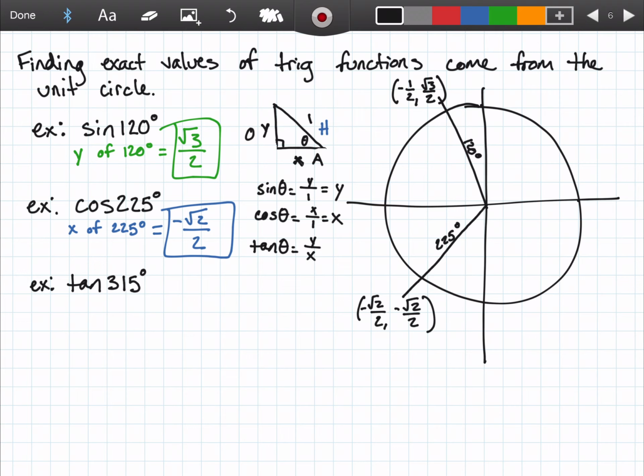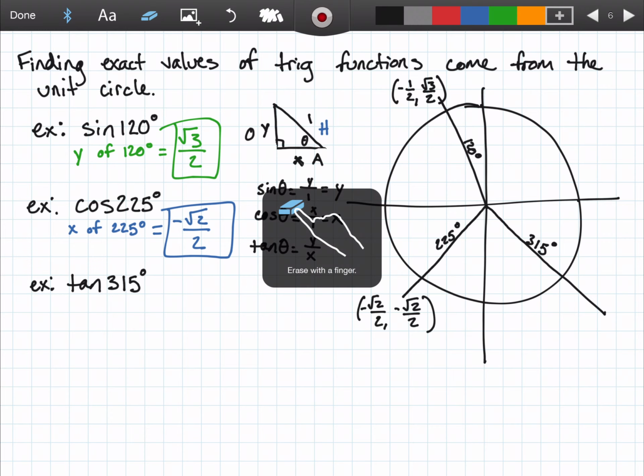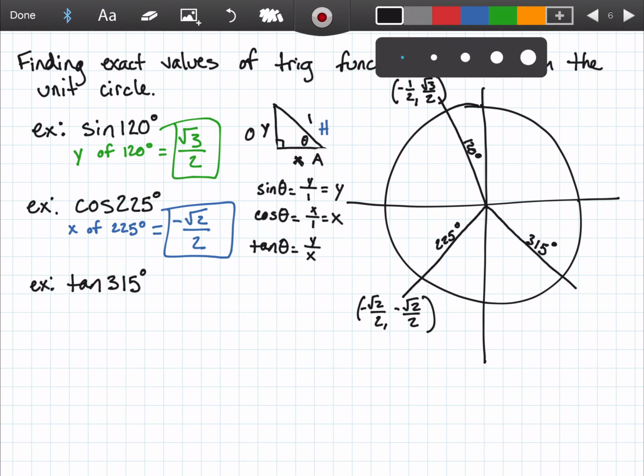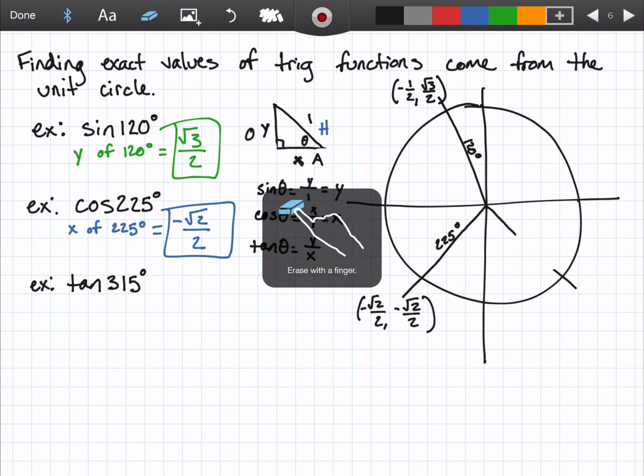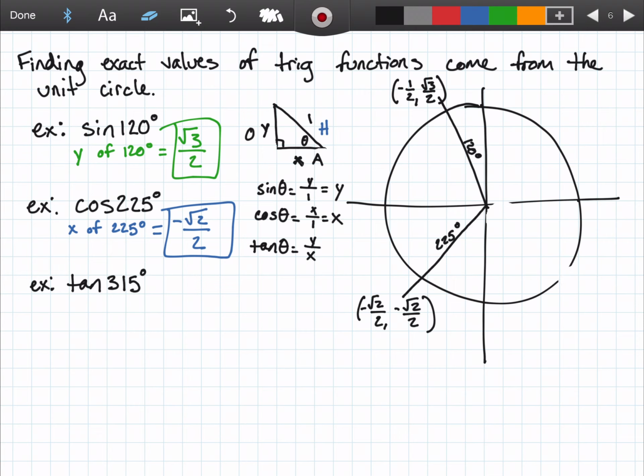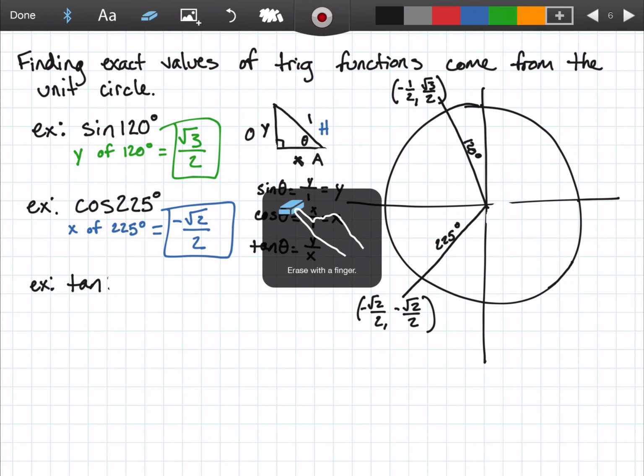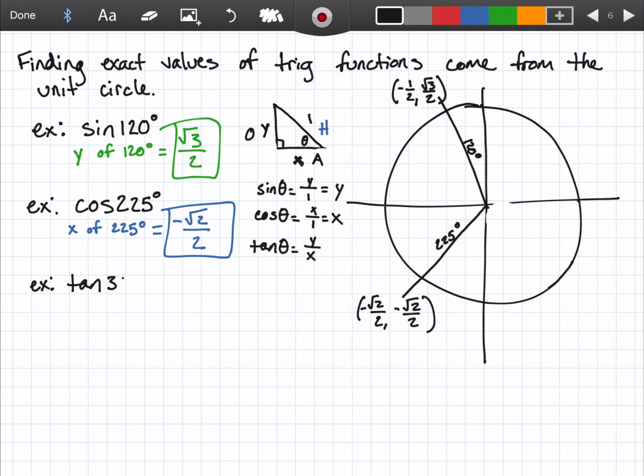Maybe I want tangent of 315. Let's actually make it 330, just because I have a feeling we'd get more questions on that one. Tangent of 330 degrees.